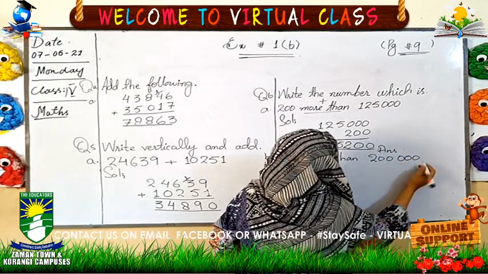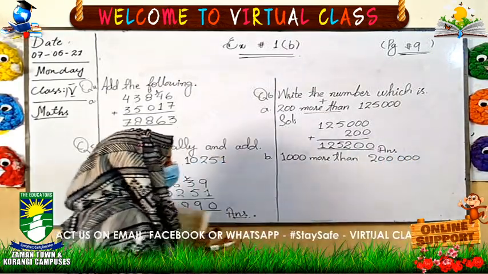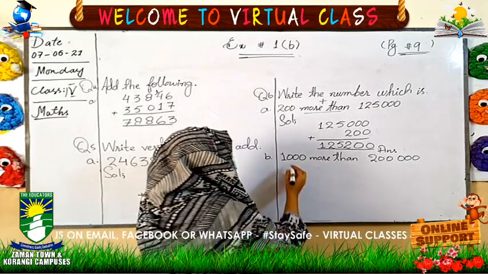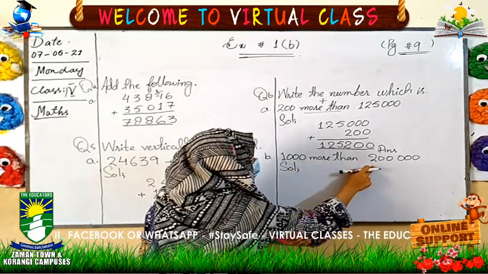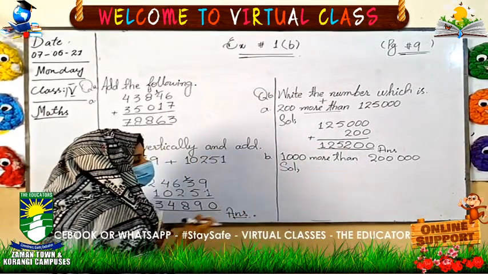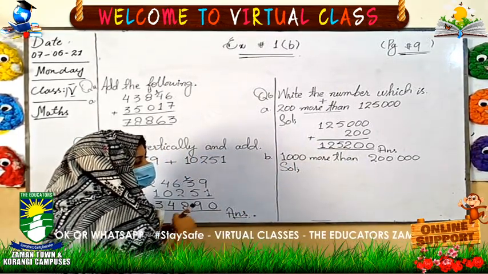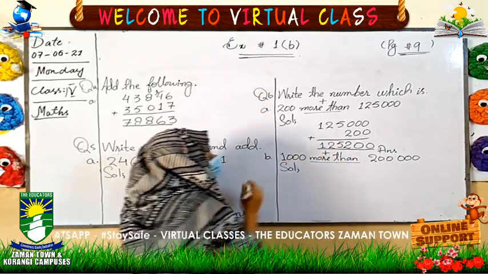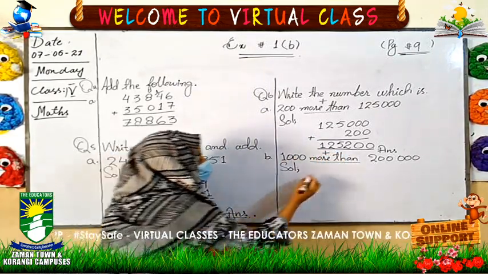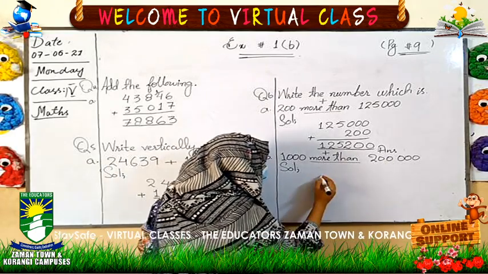Okay, 1000 more than 2 lakh. Now we will add 1000 to this, to 2 lakh. How will you recognize that you have to add? By seeing this: more than means plus. So you will just write it here.